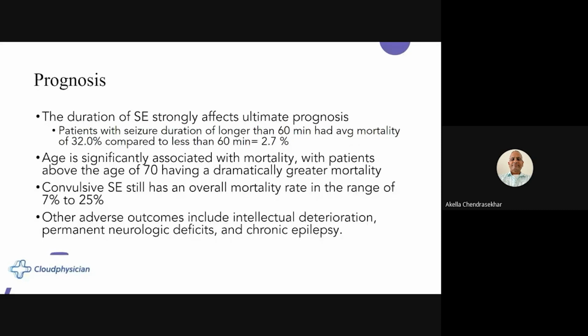If you don't get it under control, you got lucky this time. You caught your patient. You controlled the seizure. But next time you may not be so lucky and the patient may die. So be careful and watch. Always be watchful. Okay? And other adverse outcomes like intellectual deterioration, permanent neurologic deficits, chronic epilepsy may occur. So keep an eye out.